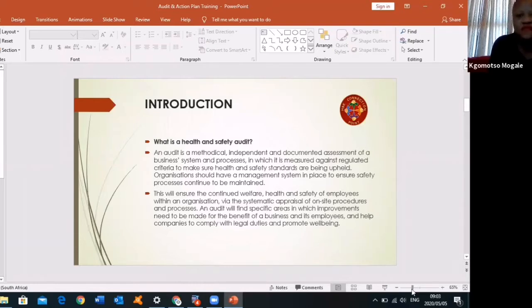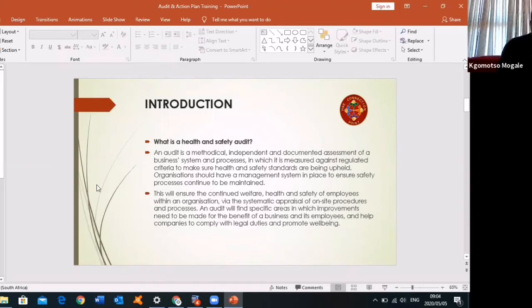We all know that we have legal obligations as companies in terms of the Occupational Health and Safety Act. So each and every company has an obligation to ensure that they promote well-being for their employees. That's why we are doing the audits.